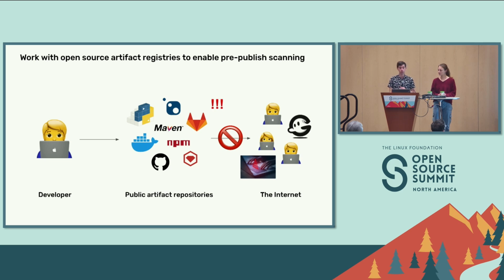This is the added layer of protection where the registries will scan artifacts before publishing them to open source and notifying the user and/or blocking the upload if leaked credentials are identified. To help with this, Ghost is working on providing an experimental API for registries to integrate with. So if you're the maintainer of a registry and are interested in integrating with a future secret scanning API, please come talk with us or email us.